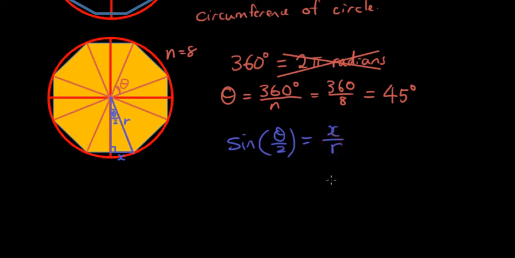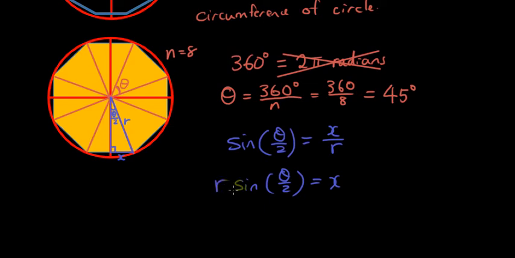So we can express x as r times sine theta over 2. If you're not sure about trigonometry, what the sine ratio is and all that, I suggest you have a look at trigonometry lesson 1 in my tutorials. You should be able to understand it pretty quickly.